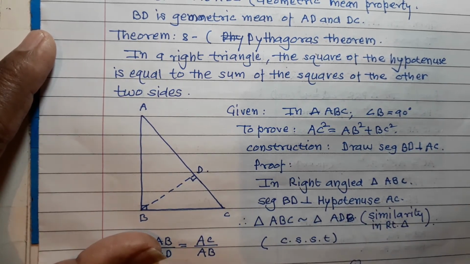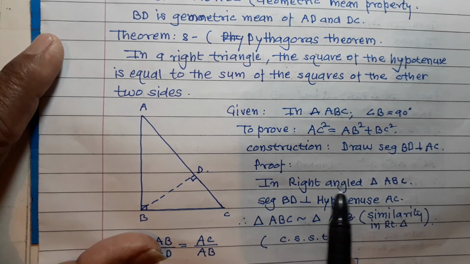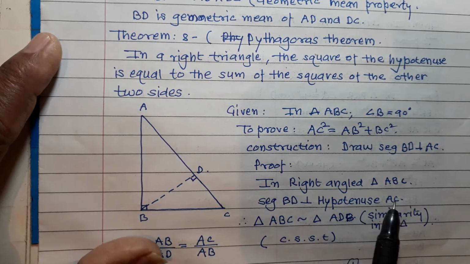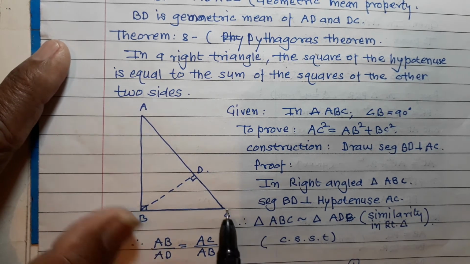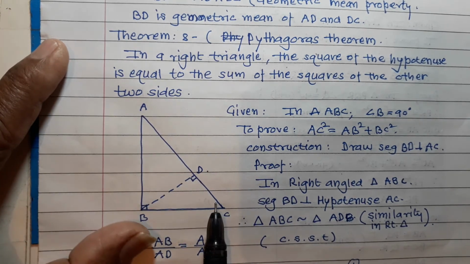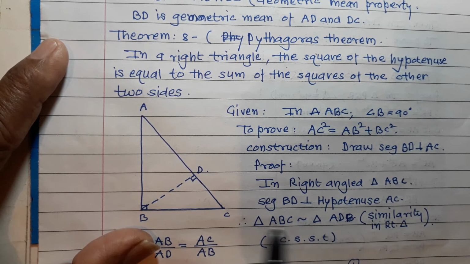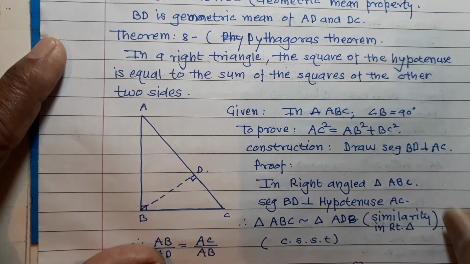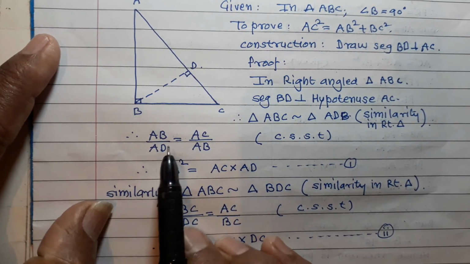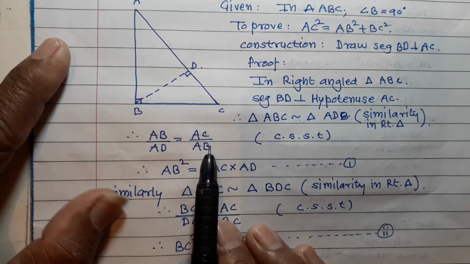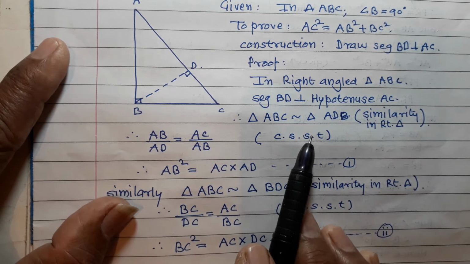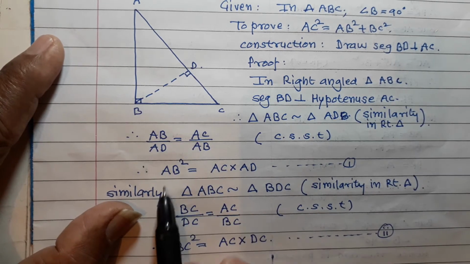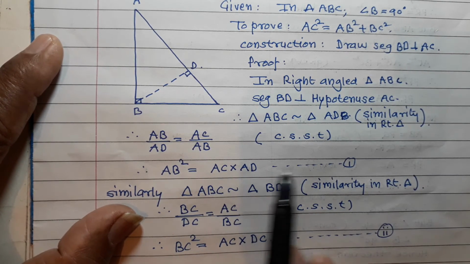Proof. In right angle triangle ABC, seg BD is perpendicular to hypotenuse AC, and therefore triangle ABC is similar to triangle ADB, similarity in right angle triangle. Therefore AB upon AD is equal to AC upon AB, corresponding sides of similar triangles, and therefore AB square is equal to AC into AD.